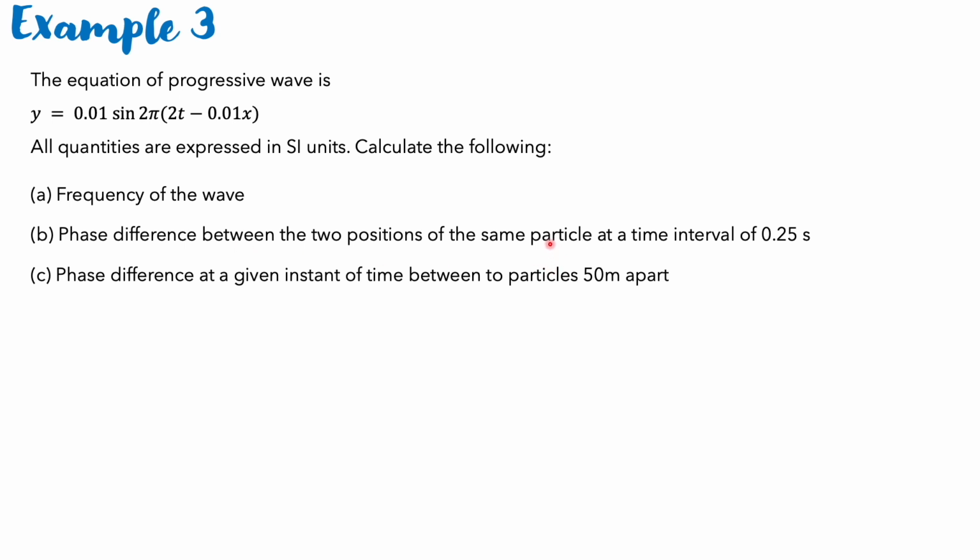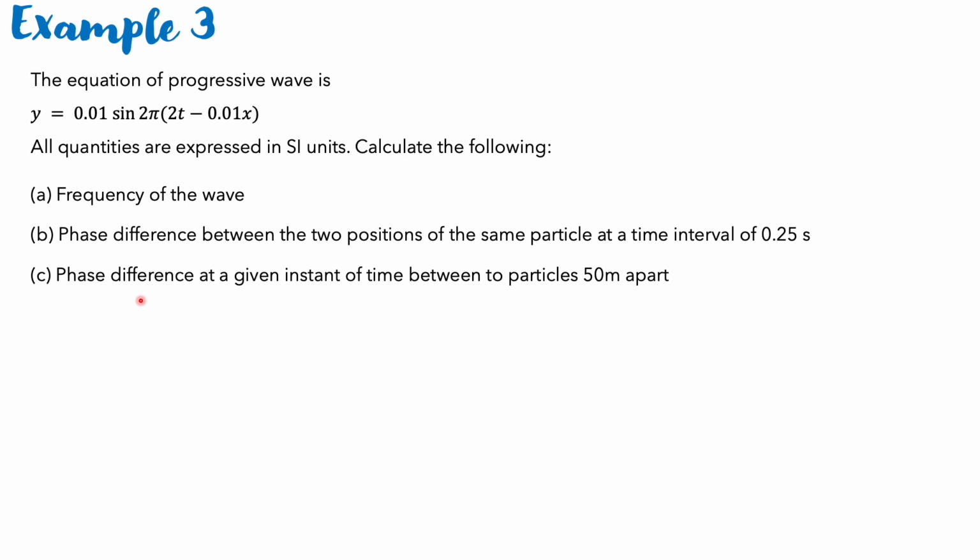So for the particle that is moving up and down, we have to find out the phase difference between its positions when the time interval is 0.25 seconds. That means in a quarter of a second, what is the phase difference which will be generated in the position of the particle? How much will be the difference in the phase?